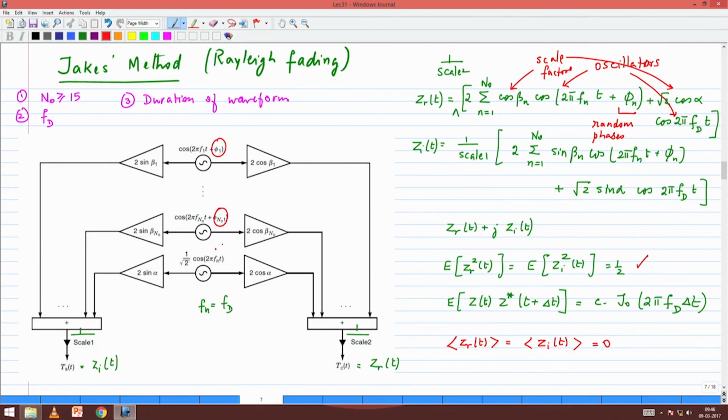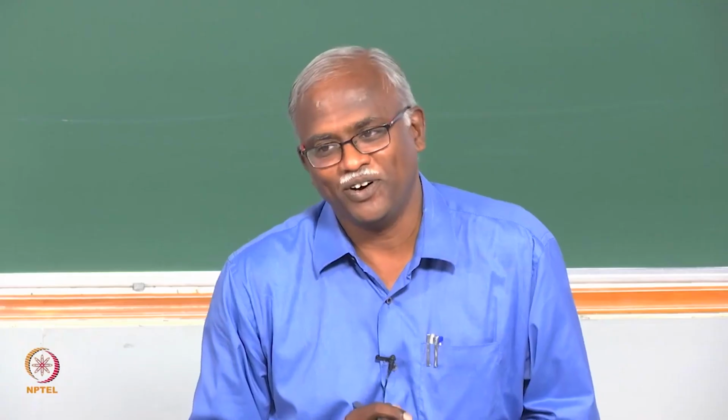So, what he said was, okay, you generate one set of random phases, let us call them phi 1 comma 1 all the way to phi n naught comma 1, and then he said, okay, generate another set of random phases, that will be phi 1 comma 2, phi n naught comma 2, and let us hope that the waveforms are uncorrelated.